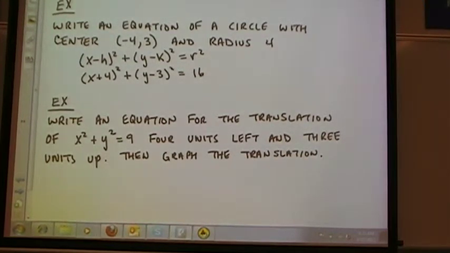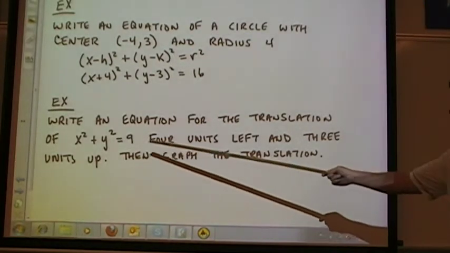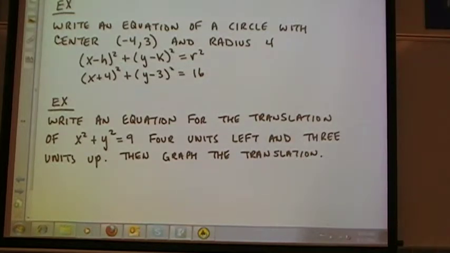Alright, so if we're going 4 units left and 3 units up, we're translating this graph 4 units left and 3 units up. What is your center? Negative 4, 3. 4 units left is negative 4, and 3 units up would be positive 3. So what's my new equation?